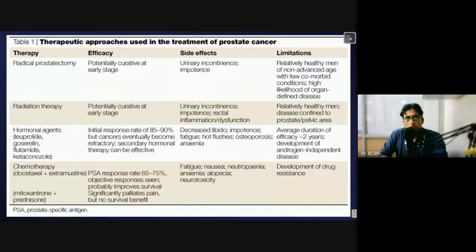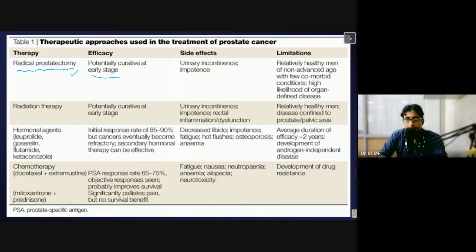The classical options available include prostatectomy, where they would remove the prostate gland. If it is detected early, at an early stage, then we can probably remove the prostate gland.